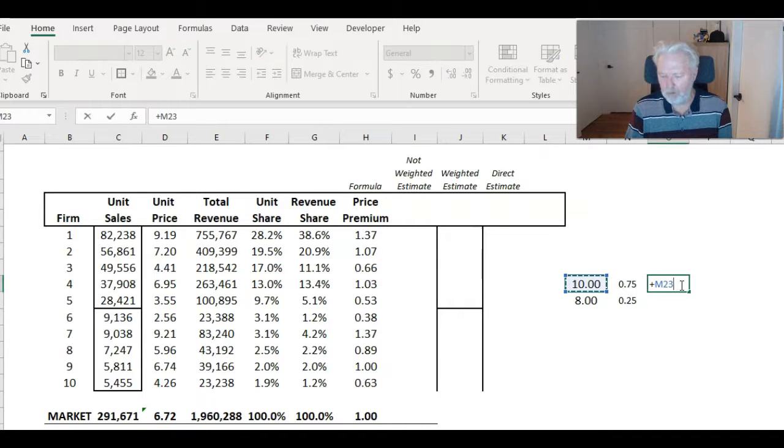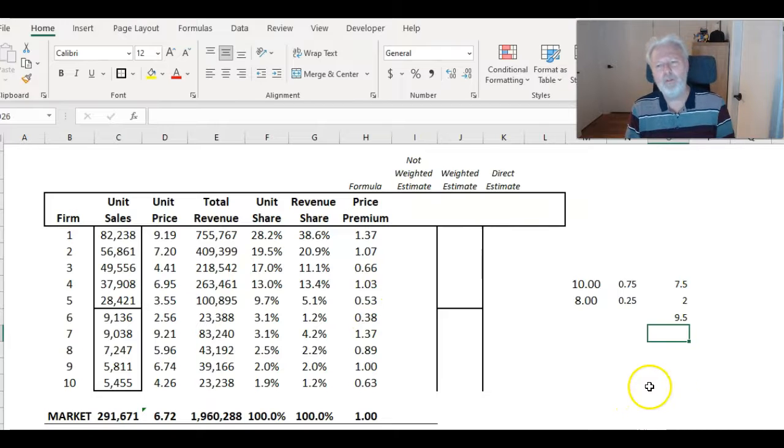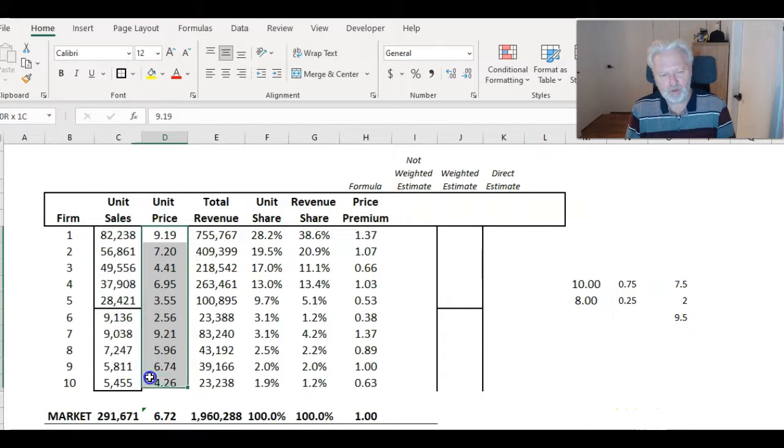So I'm just going to multiply those out. So those two there, and then I just add them up, which is $9.50, of course. So we would work it out that way. We would construct these based on a combination of real price, discount price, and a rough time estimate.